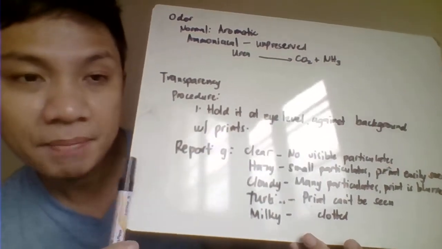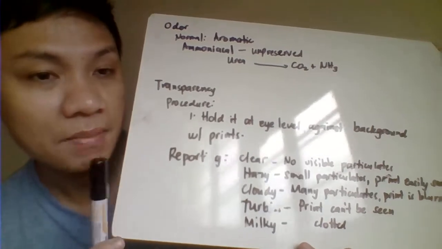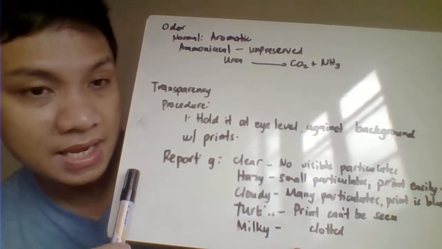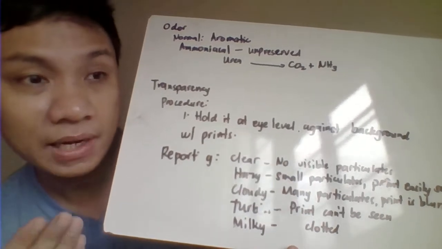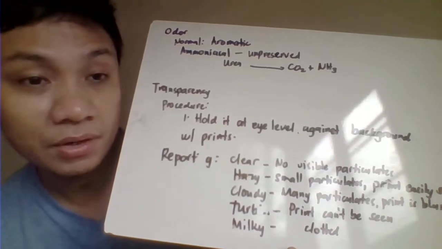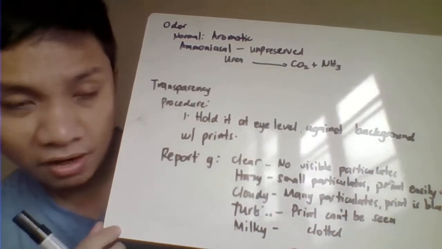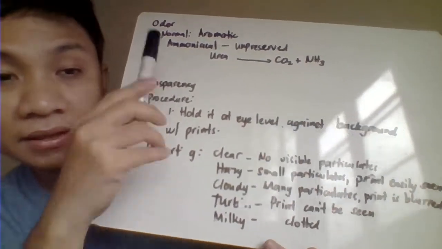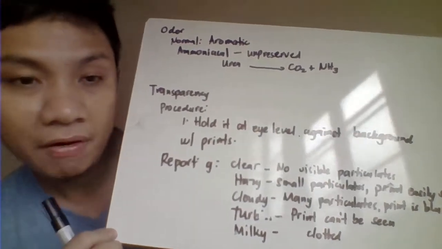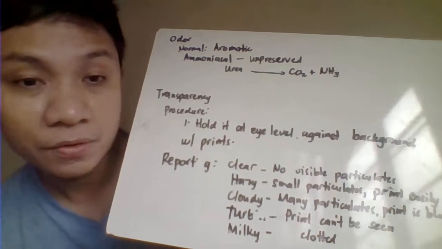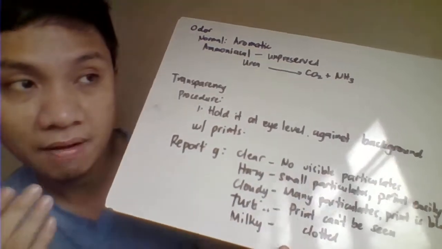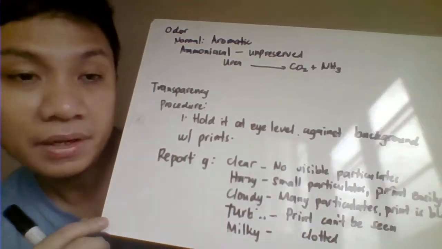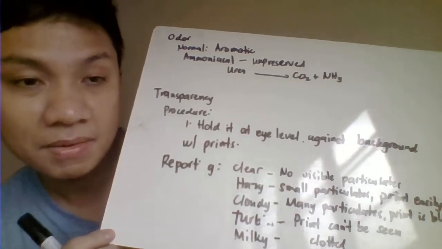Okay, the next parameter included in your physical examination is the transparency. Transparency pertains to how clear, how turbid, or how cloudy the urine sample is. Anyway, all of our results with the physical examination are not always conclusive. Meaning to say, you still need to correlate the result with the chemical examination or even the microscopic examination.